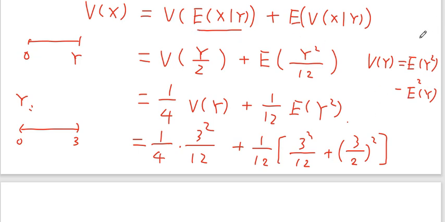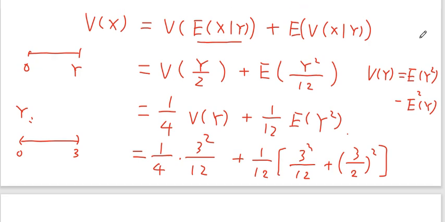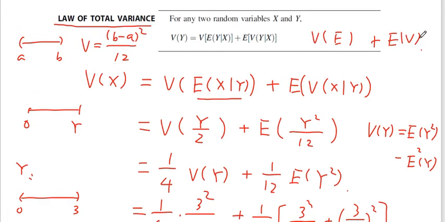Such a problem is a very typical problem, what we call variable of variable. If we have two variables, typically x is some variable, but this variable has some parameters, like a binomial or a normal distribution.